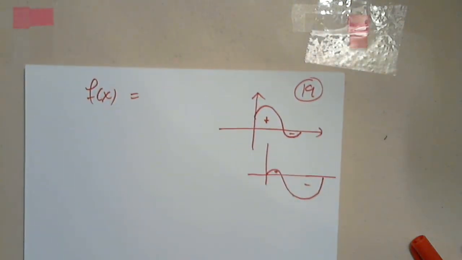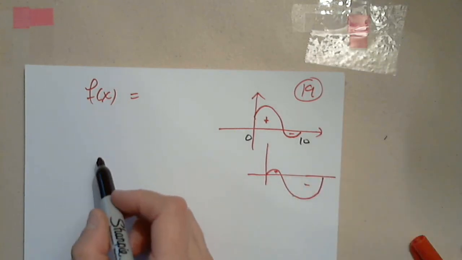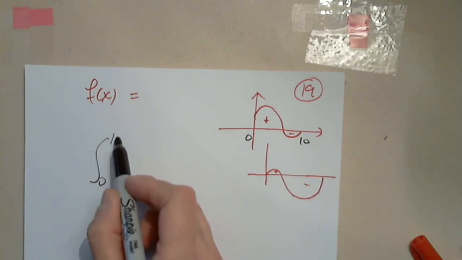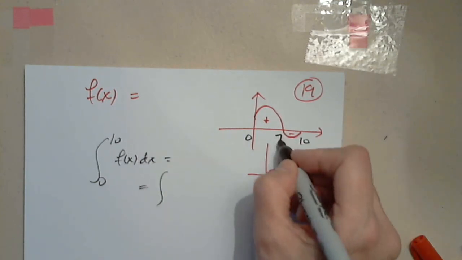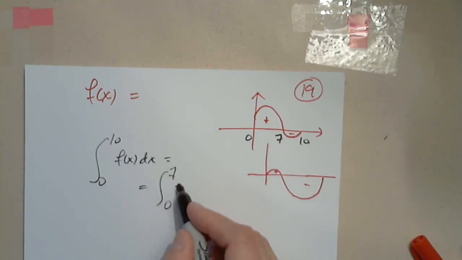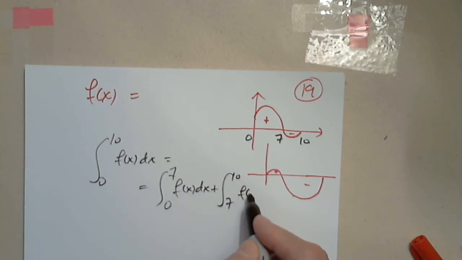But if you're referring to this, yes, you will have the integral from 0 to 10 of f of x dx. You can write it as the integral from 0 to 7 of f of x dx plus the integral from 7 to 10 of f of x dx. Yes, this is one very important property of the definite integral. We're going to discuss this when we talk about definite integrals. Definitely.